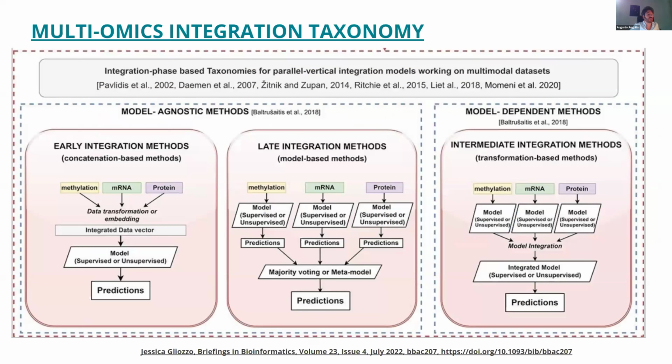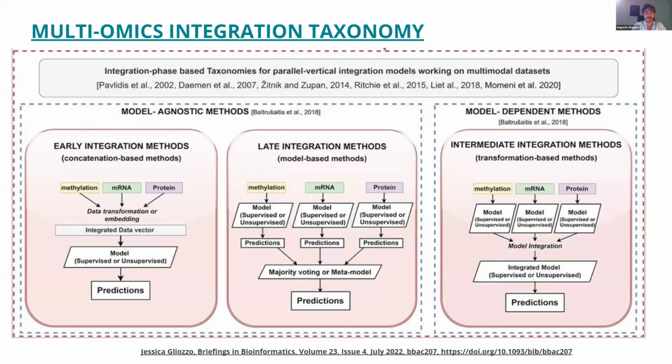And here we can find a second strata division where we have early integration methods, intermediate integration methods, or late integration methods, depending on how we deal with the different layers of data.